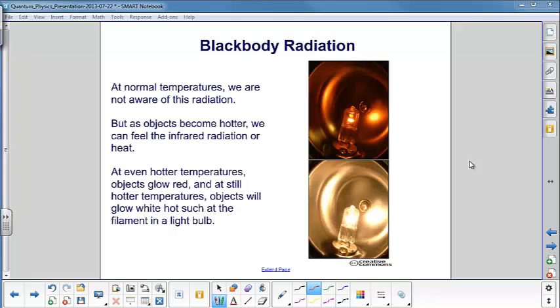At even hotter temperatures, objects will start glowing red, and now we're talking more about metals or crystals. Humans don't do that. And at still hotter temperatures, objects will glow white hot, such as the filament in a light bulb. So, as the temperature increases, the color of the light changes, and that's the meaning of temperature-dependent spectrum.